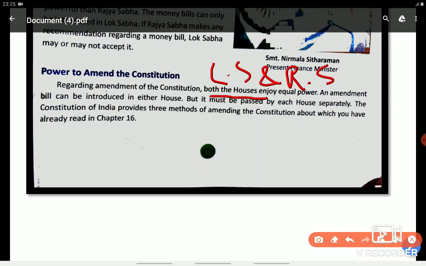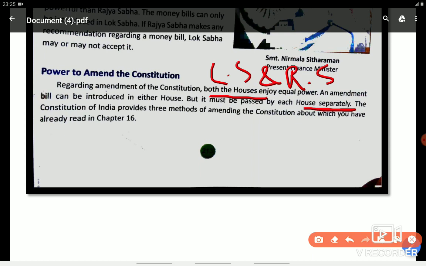But it must be passed by each house separately. This is a very important point: if any amendment bill is introduced, it has to be passed separately by Lok Sabha and by Rajya Sabha.